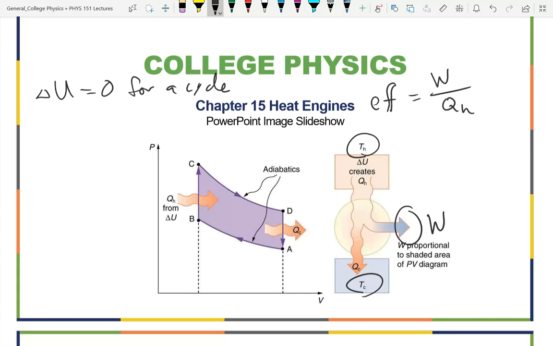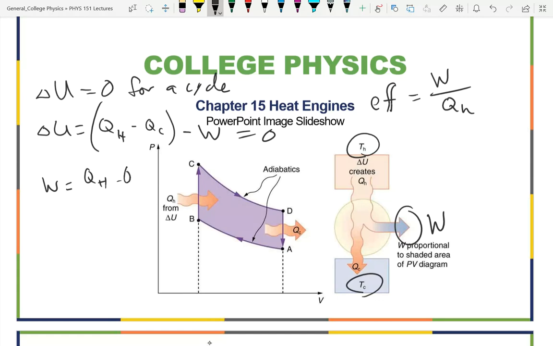Okay, so we have change in internal energy is zero for a cycle, and since delta U is equal to the heat added to my engine, Q hot flows in and Q cold flows out. So there's the heat added minus the work done by the system. If that's zero, that gives me a relationship that says the work is equal to Q hot minus Q cold.